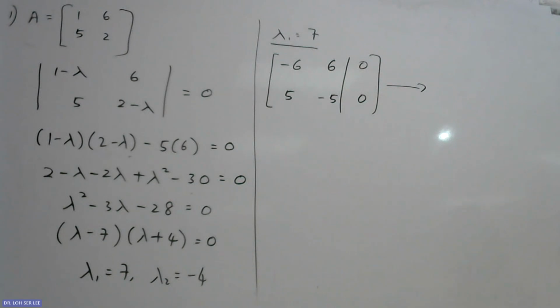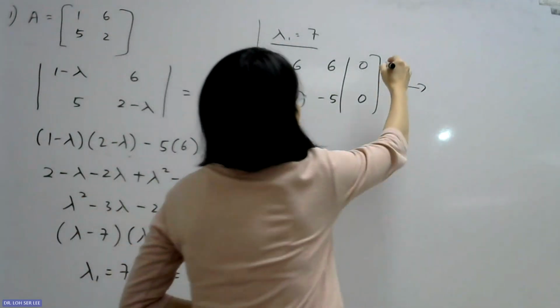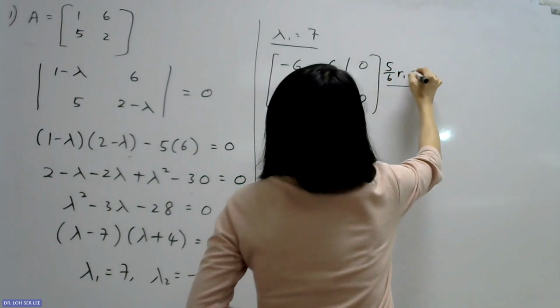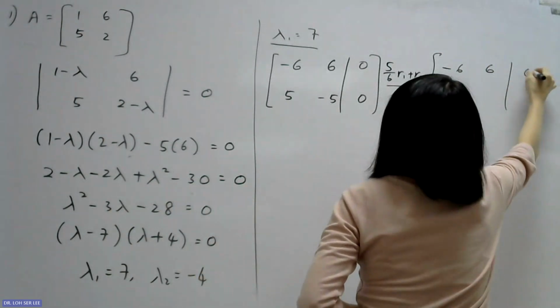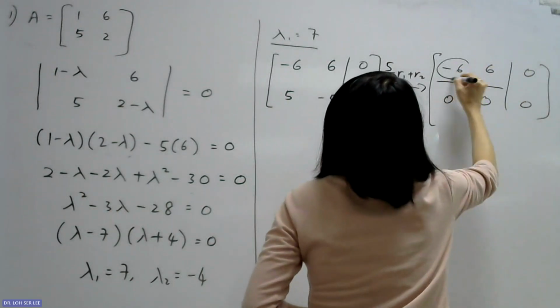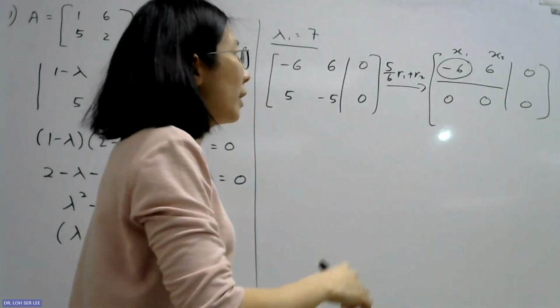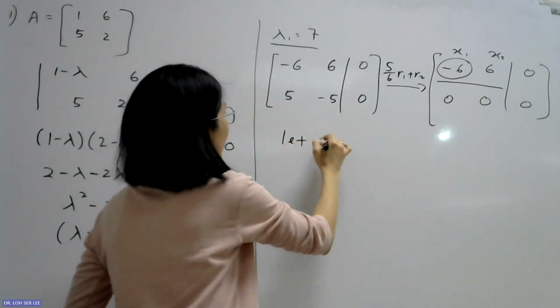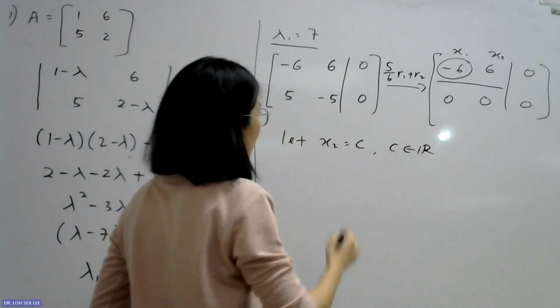So what is the operation? 5/6 R1 plus R2. So you get negative 6, 6, 0, 0, 0, 0, right? This is the pivot. So x2 is free, and we let x2 be C, a real number.